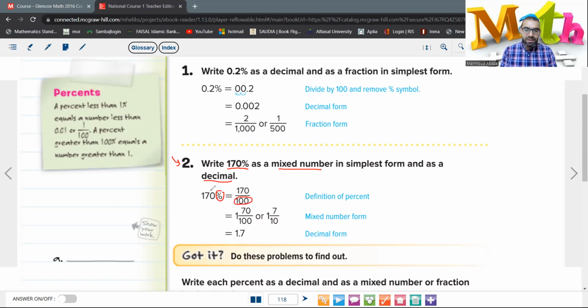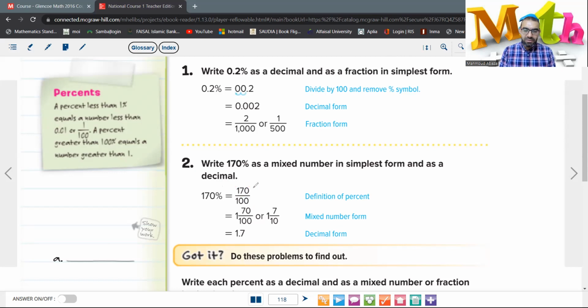So 170% is equal to 170 over 100. Now, this is an improper fraction, because the numerator is bigger than the denominator.